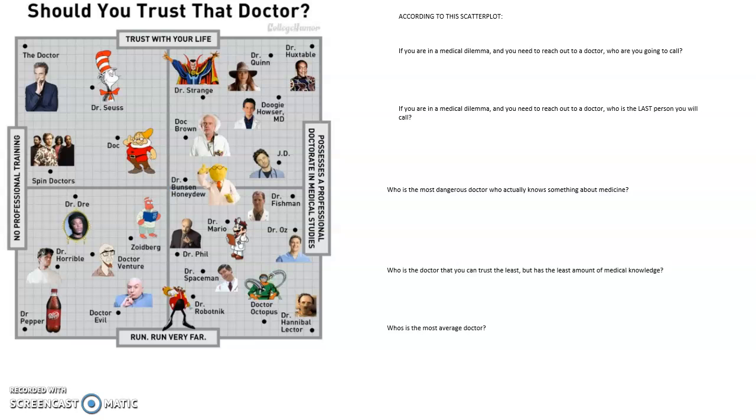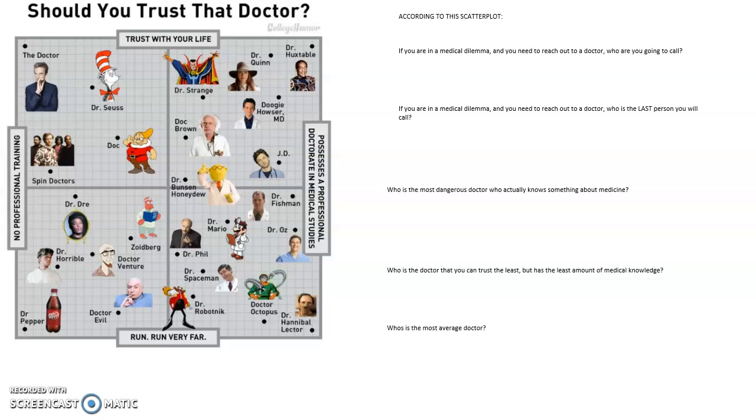This guy, it seems like we could trust him because he's up here in terms of overall trust, but doesn't have as much medical training as we would maybe want because he is falling on the left-hand side. So we have to be very careful that we are considering both variables when we answer these questions.